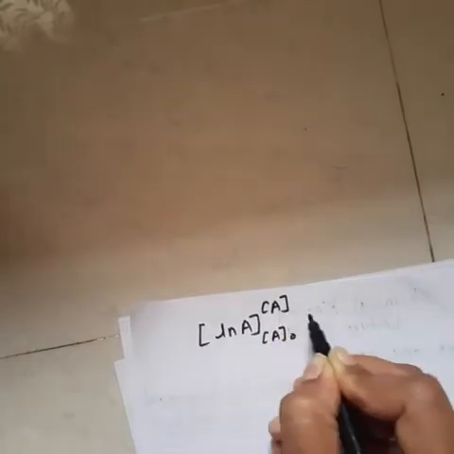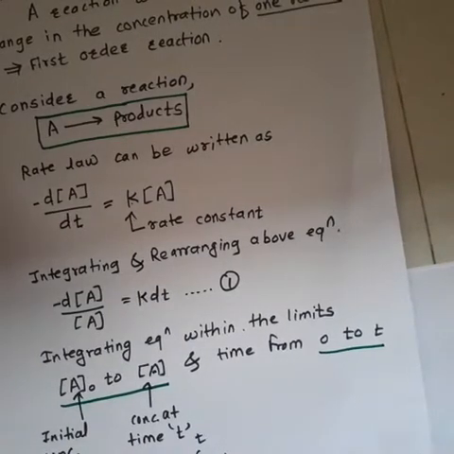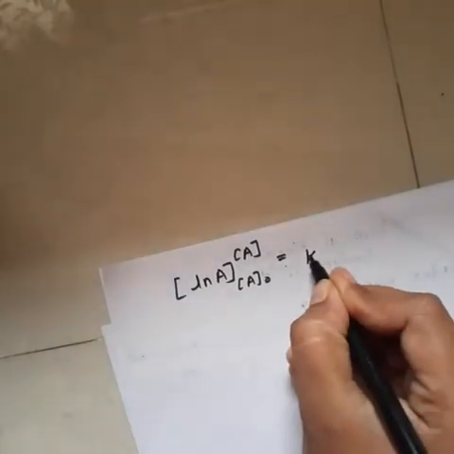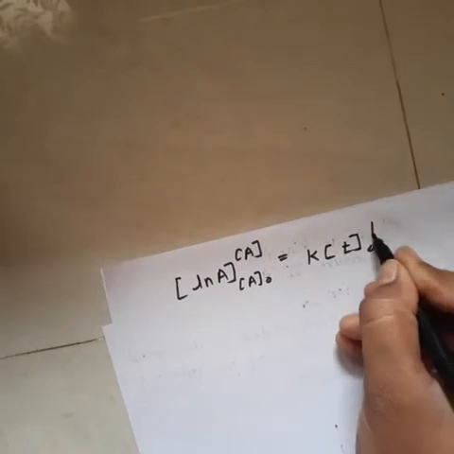The limits are A0 to A, and the integration of dt is t, so k into t from limits 0 to t.